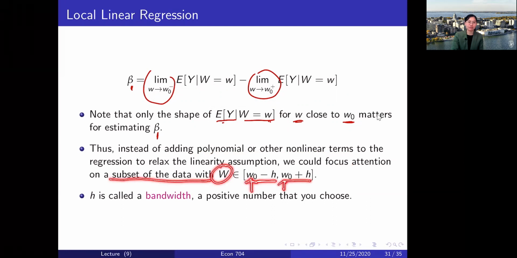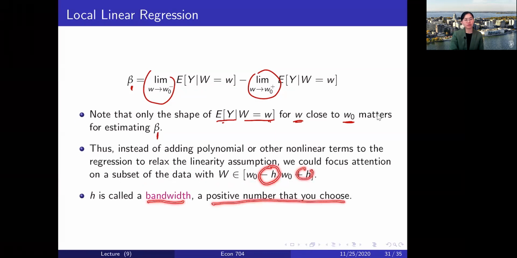W0. So this makes sense because beta 1 is determined by the shape of this function only around the threshold value. So we're going to focus on a subset of data where W is in this small interval around the threshold. And the width of the interval is called the bandwidth, which is a positive number that you can choose.